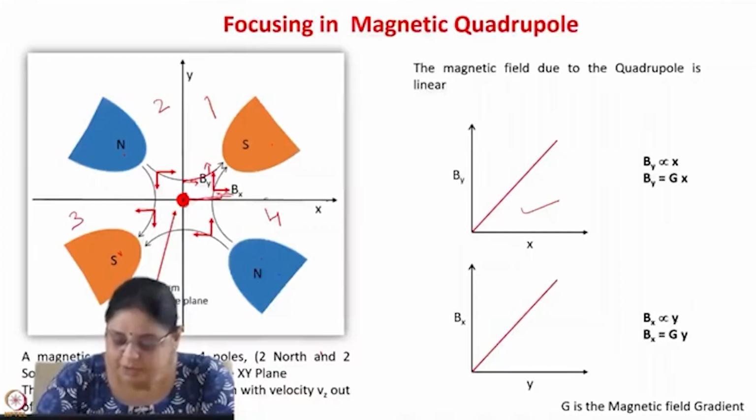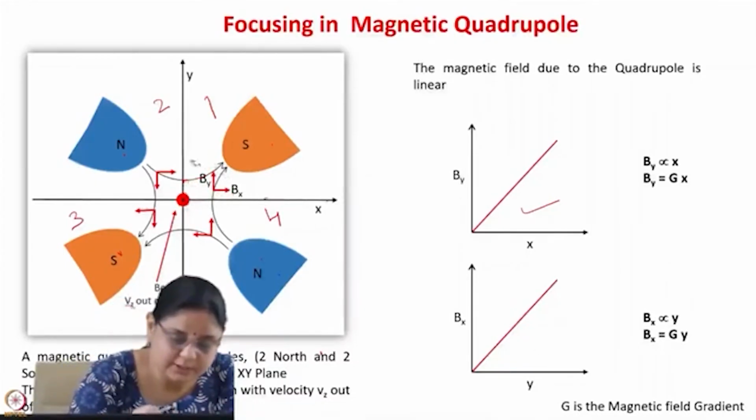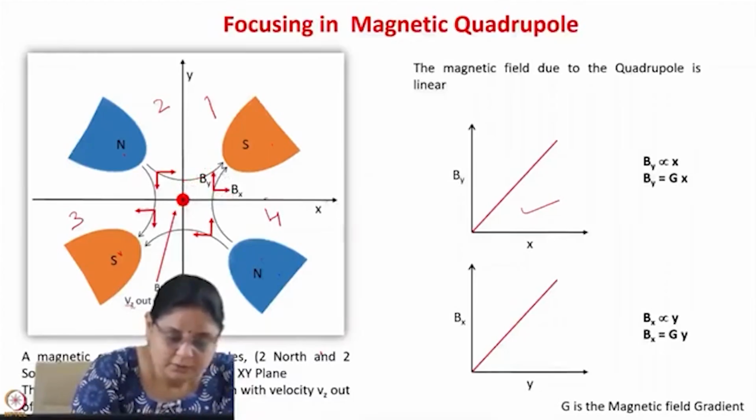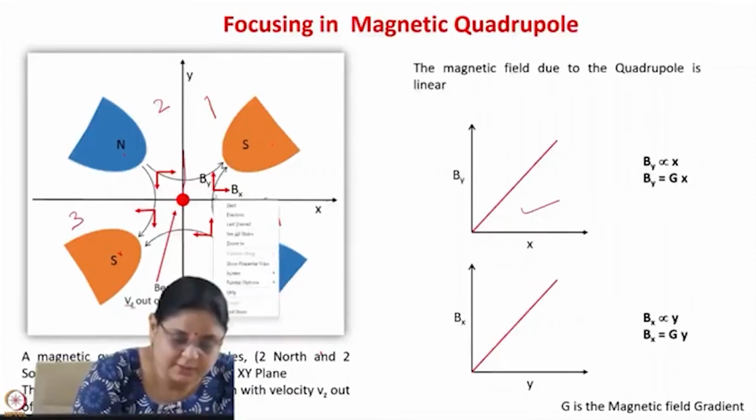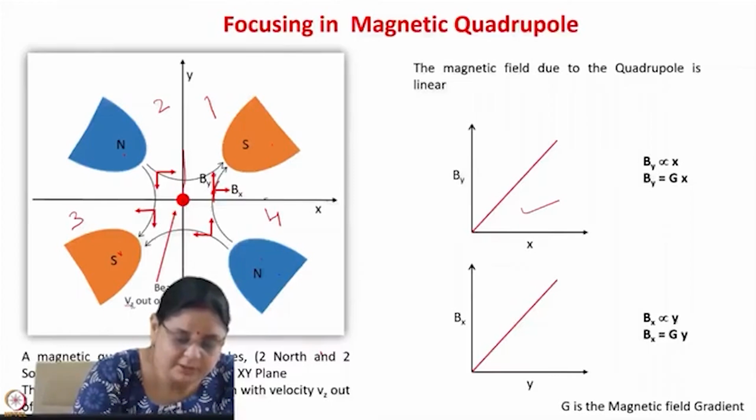Similarly, if you see the variation of Bx with Y, let's see here. This is Y equal to 0. At Y equal to 0, the magnetic field is only in the Y direction. The X component is 0. As you increase Y, the Bx component is now increasing.